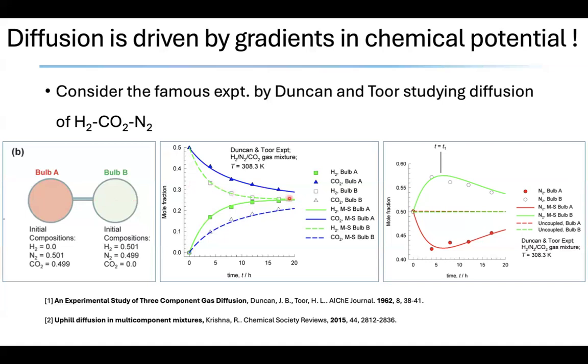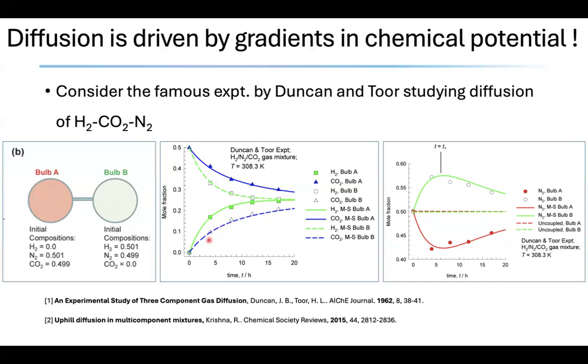And this fits according to the Fick diffusion, which states that there's a flux of mass in proportion to the concentration gradient.